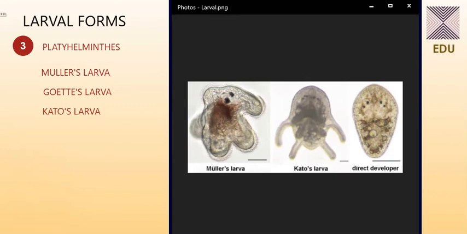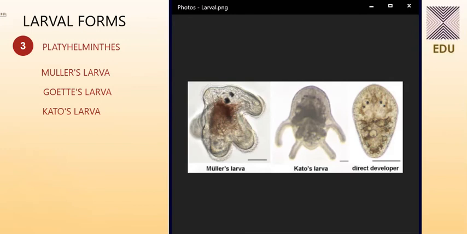So Cato's larva is a 12-eyed larval form, and previously some scientists described this particular type of larva as the intracapsular larva, but later on it was actually hatching as a bi-eyed or the 12-eyed larval form, which is called the Cato's larva.